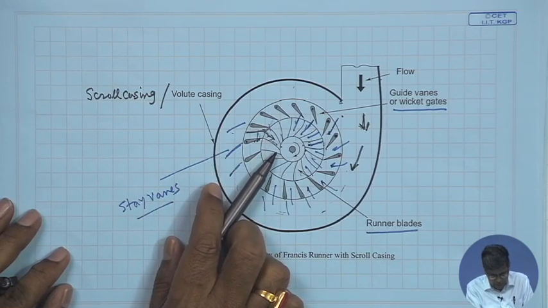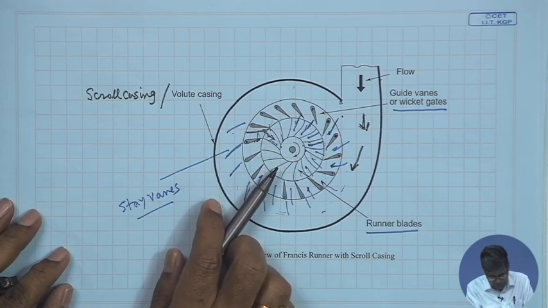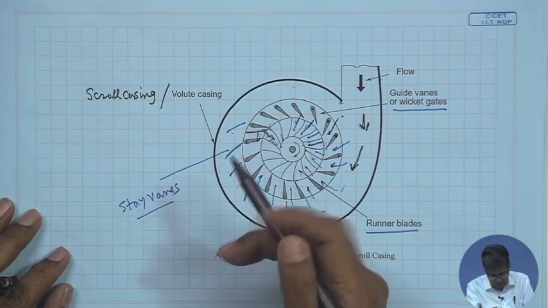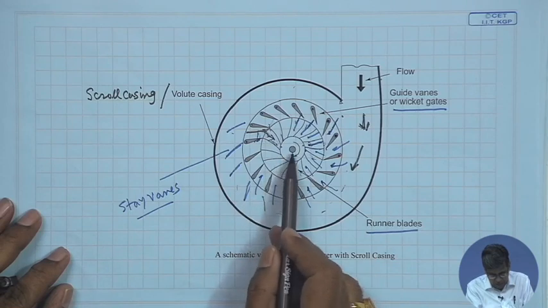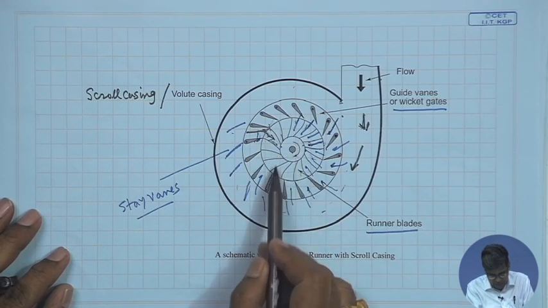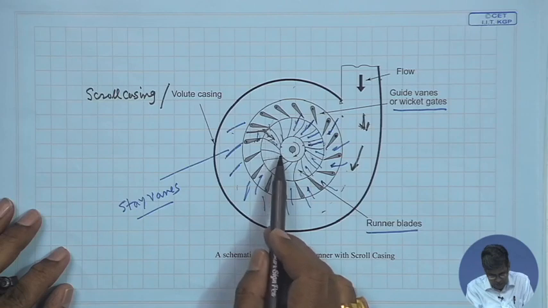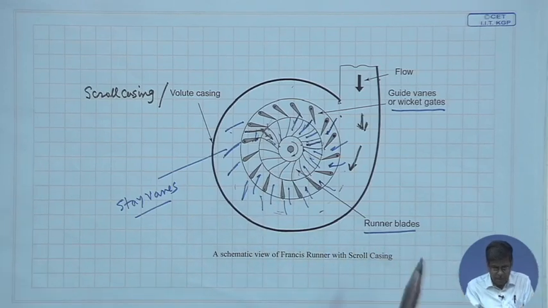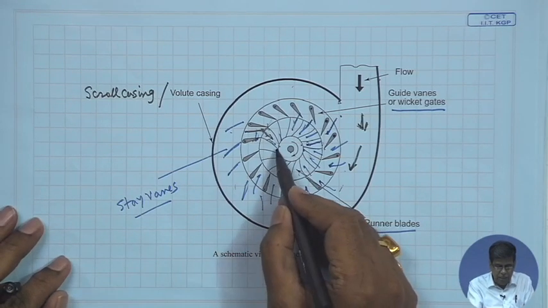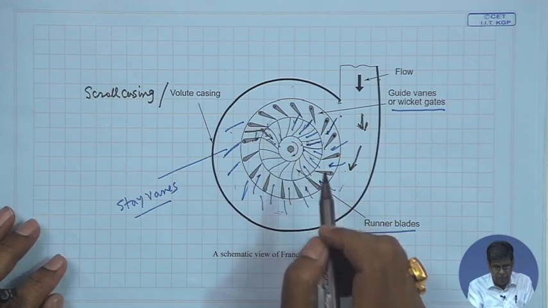So, at the outlet of the runner, the flow becomes purely radial and then it takes a 90-degree turn, and in the vertical plane, that is parallel to the axis of this shaft, the axial direction, it is bent. That means, this takes a 90-degree bend and then it flows through the draft tube to the tail race. Now, at the exit of the runner, the flow has to be radial because of two things.